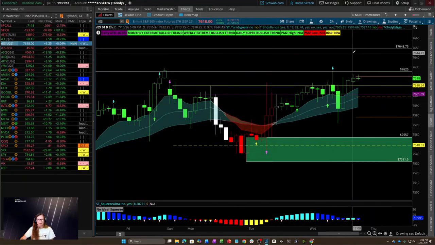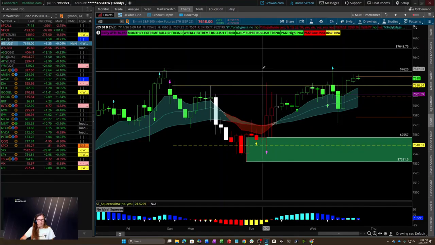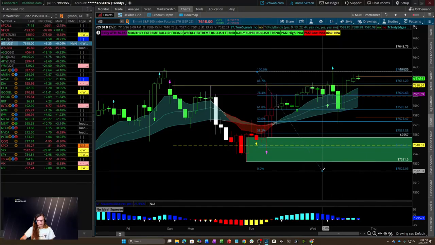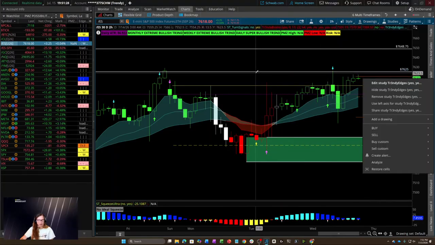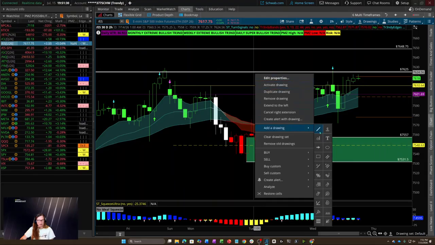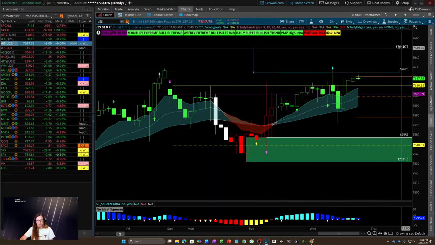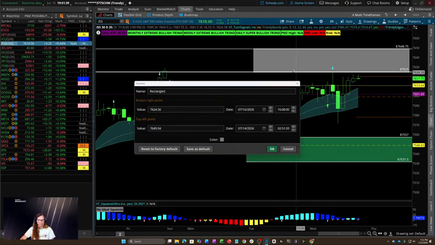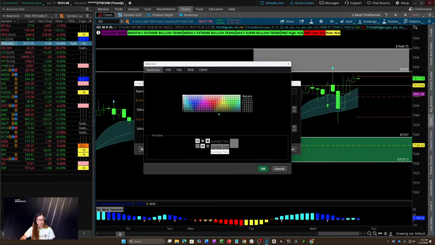But what if I want to use Fibonacci levels in between as targets? I am going to use a Fibonacci draw in both directions to get those. Okay? And let me show you what I mean.